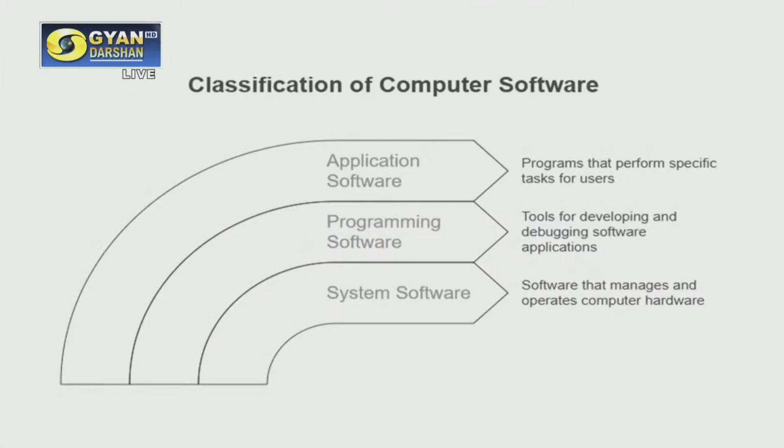Whereas the programming software is related to the tools for developing and debugging software applications. Likewise, I said compilers, interpreters. So Python is an interpreted language, JavaScript uses interpreters, and we have the C programming language, for which we need compilers. Java is both compiled and interpreted. So these are the compilers, interpreters, linkers.